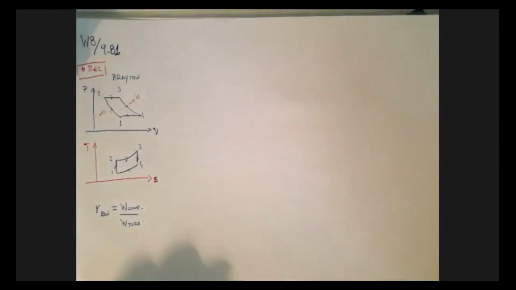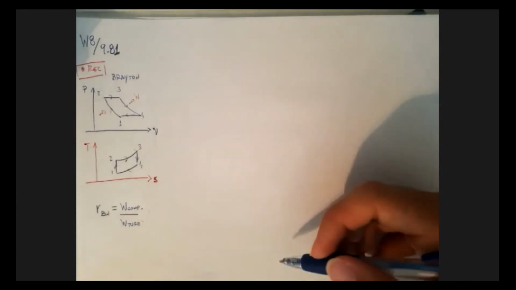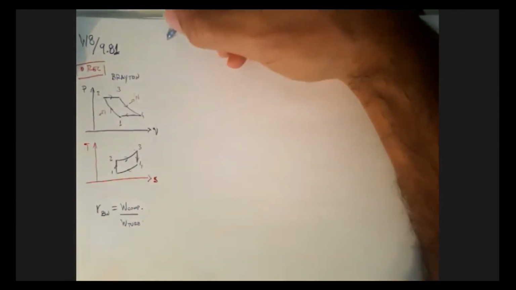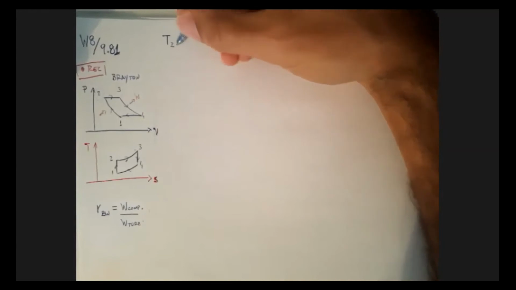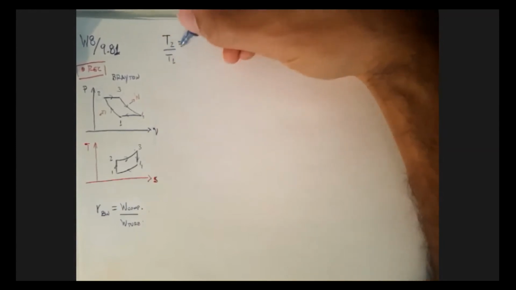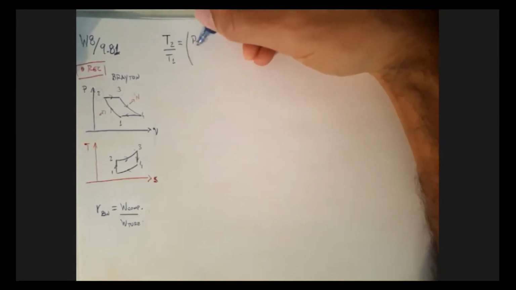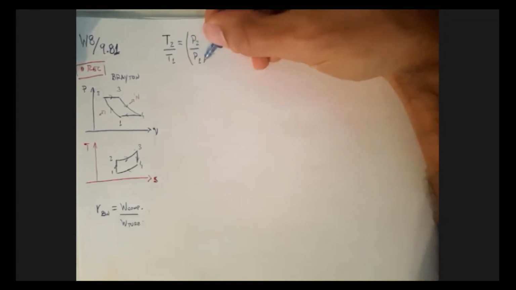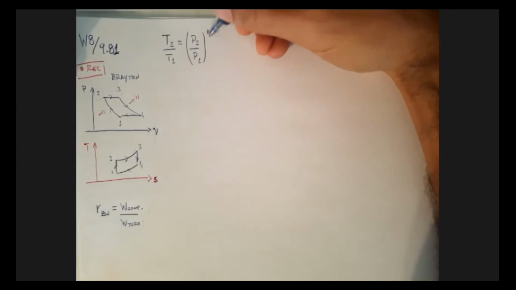Once again, I can use my CPs and my CVs, take them as constants. So that means that I can use my relationship T2 over T1 equals P2 over P1 to the power of (k minus 1) over k.